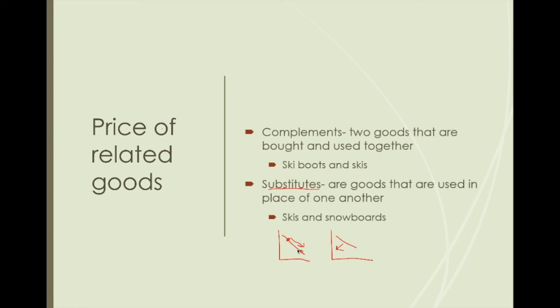And then if skis go up, now the demand for snowboards is going to go up because even if their price doesn't change, skis are more expensive, so they're going to demand skis less and demand snowboards more. Same thing with hamburgers versus hot dogs. Hot dogs cost more, buy more hamburger. Hamburger costs more, buy more hot dogs.